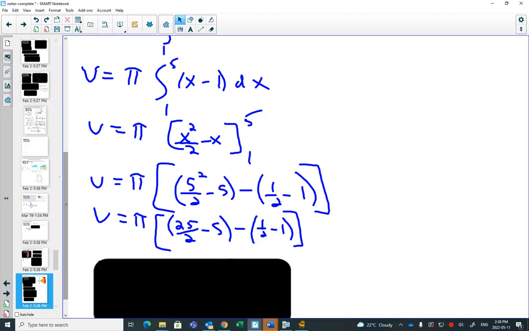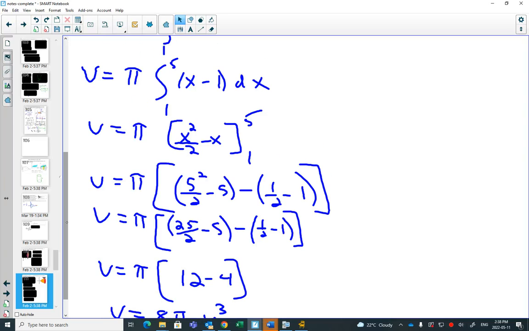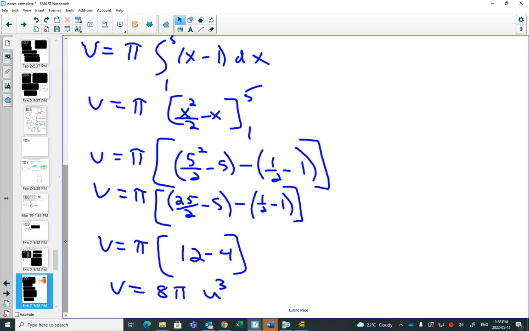The integral of minus 1 is just minus x. Plug in 5, plug in 1. And you get your final answer, 8 pi units cubed.